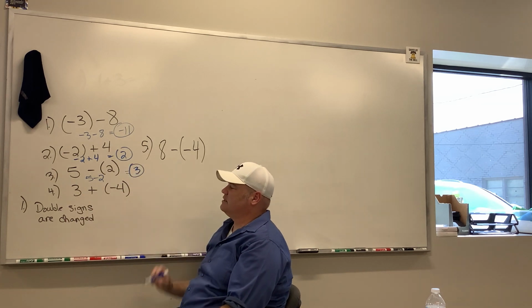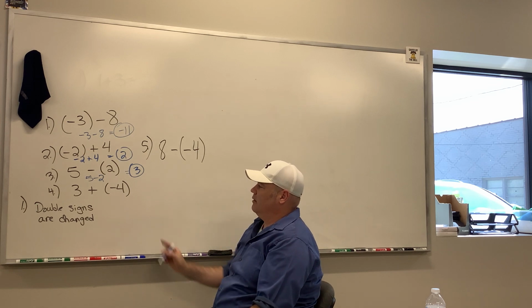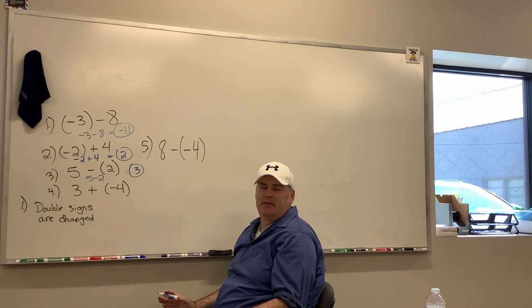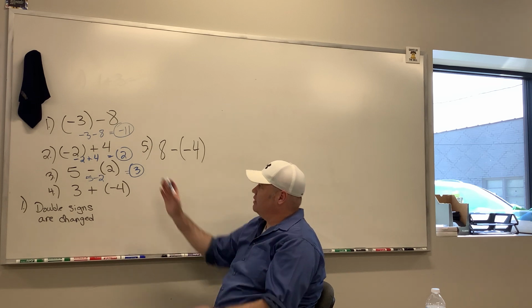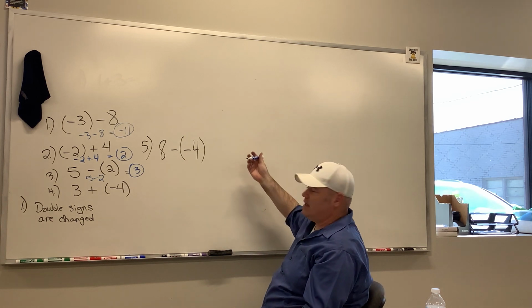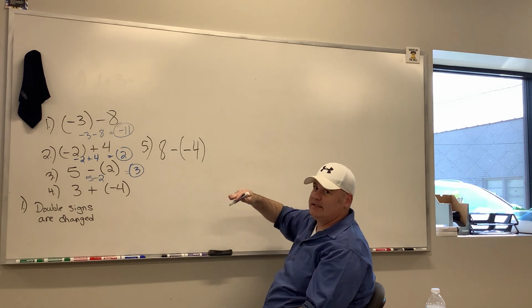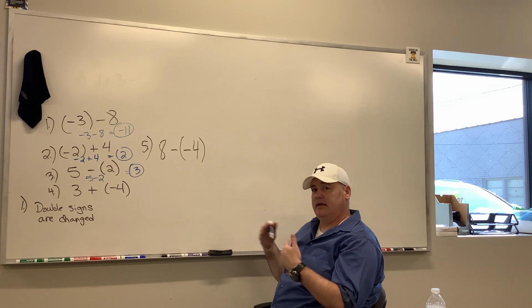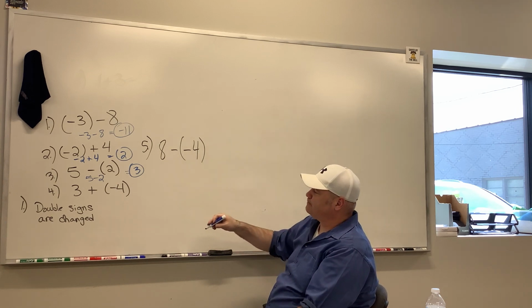Okay. This is the first one that I'm like, okay, I've got a double sign. I need to change it to something, okay? So that I can find my answer. And this is the easiest way to remember. I would highly suggest putting these in your notes where you can refer back to them and keep practicing looking at them.